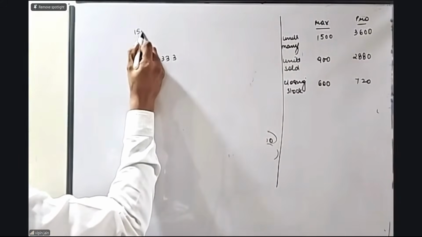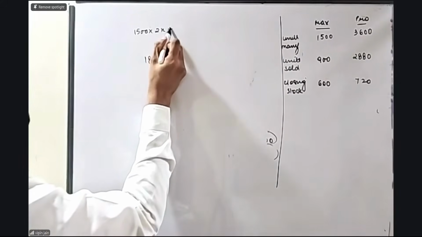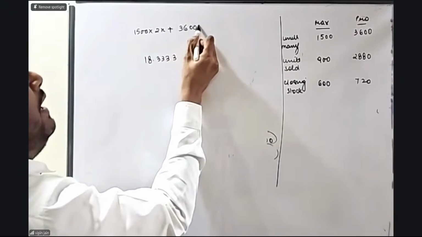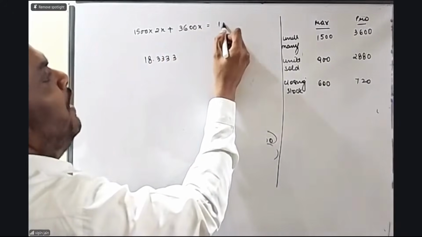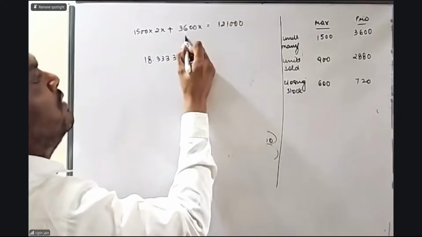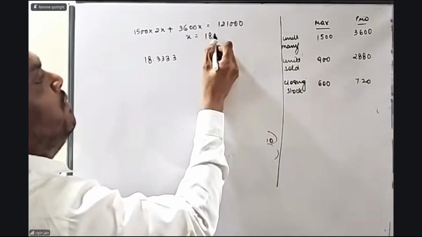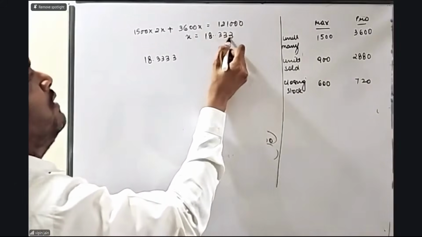That is 1500 into 2x plus 3600x should be equal to 1,21,000. So value of x will be 18.333.